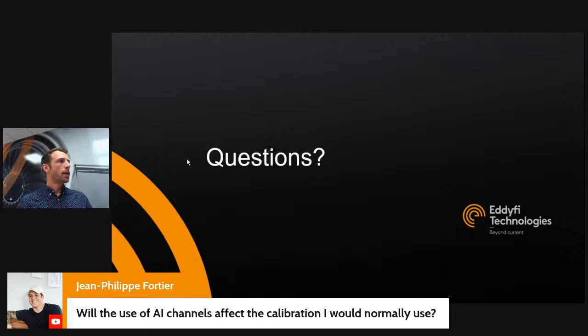Will the use of AI channels affect the calibration I will normally use? No, the AI's only requirement is going to be our old calibration. So if you open a currently done setup, and you already calibrated your calibration curve in it, if you recalibrate the whole thing, of course, it's going to change the parameters a little bit, but it's not going to affect your whole calibration curve.